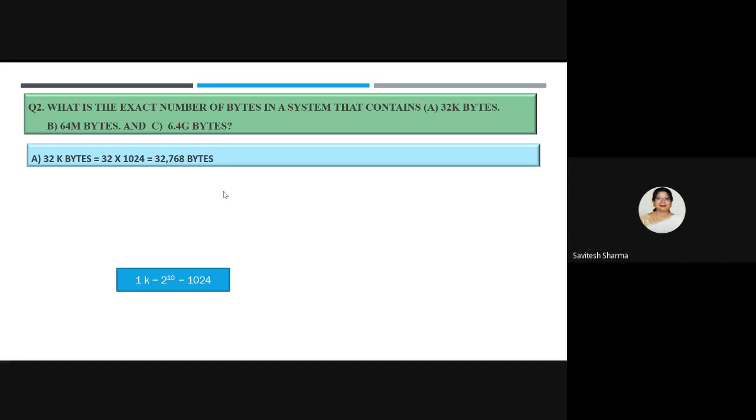Second is megabyte. Again, in decimal, 1 mega is equal to 10 to the power 6. So in decimal you can write it as 10 to the power 3 times 10 to the power 3, and you know that in binary 10 to the power 3 is equivalent to 2 to the power 10. So you can write 1024 times 1024.